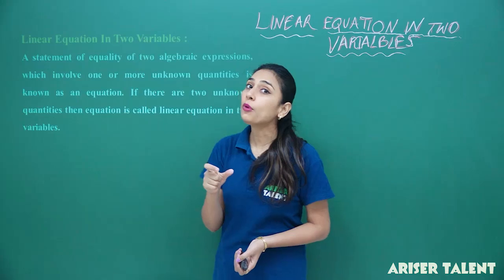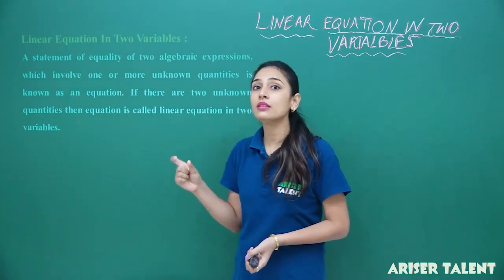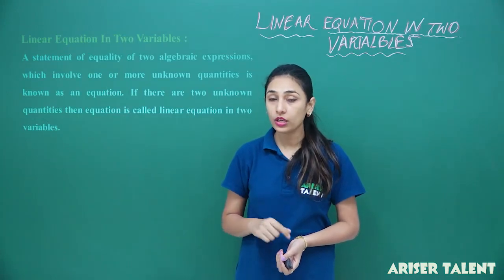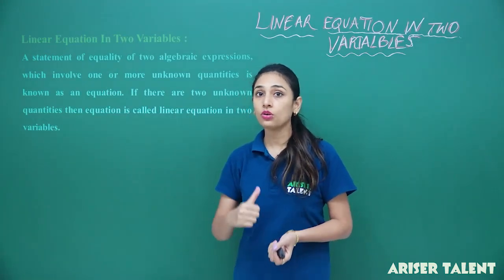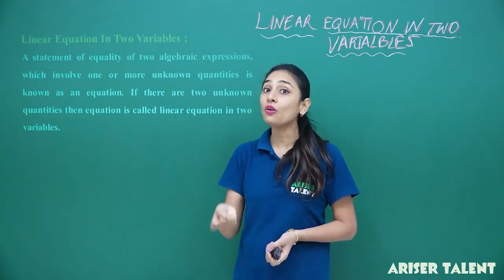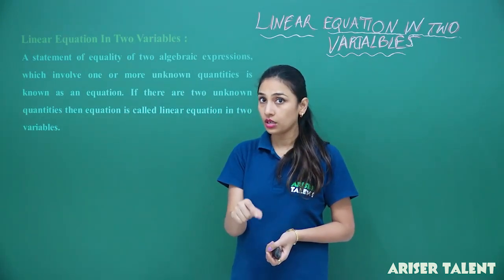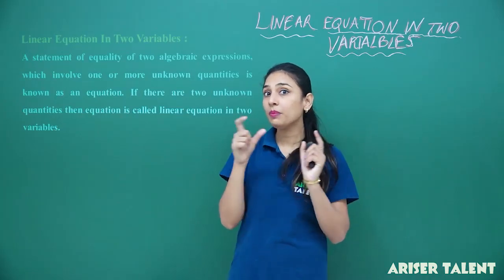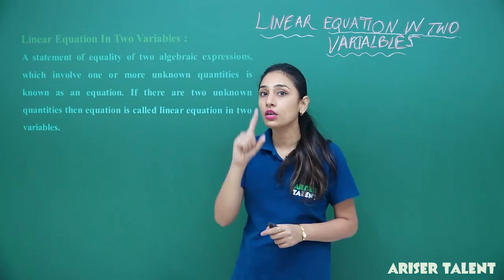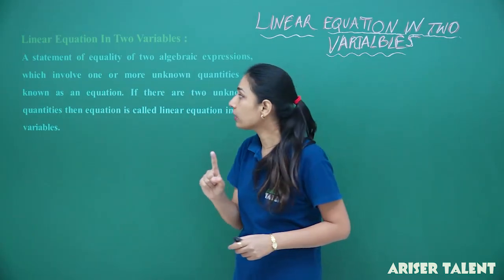A linear polynomial has the highest degree as 1. In the same way, the highest degree of the equation is 1. That is linear. Okay.